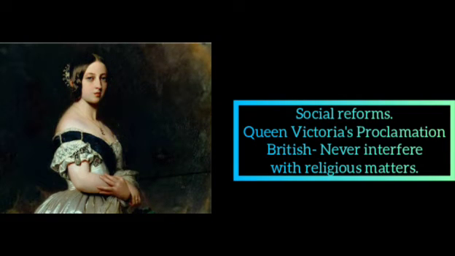Queen Victoria proclaimed to the Indian people that the British government would not interfere in traditional institutions and religious matters. It was promised that Indians would be appointed in government services.